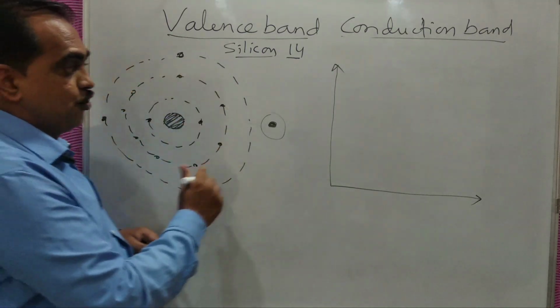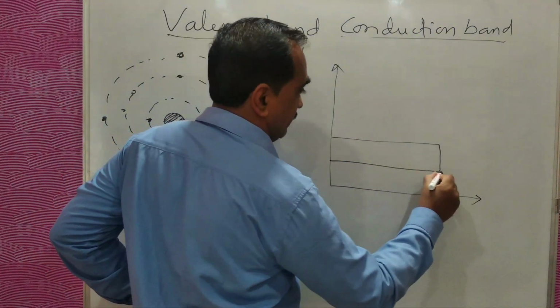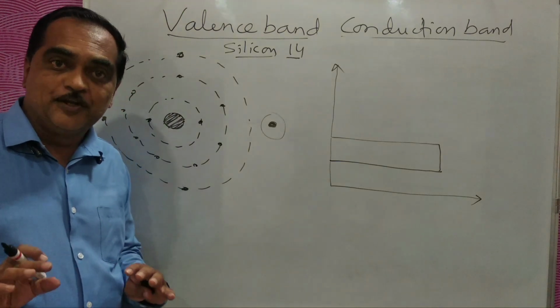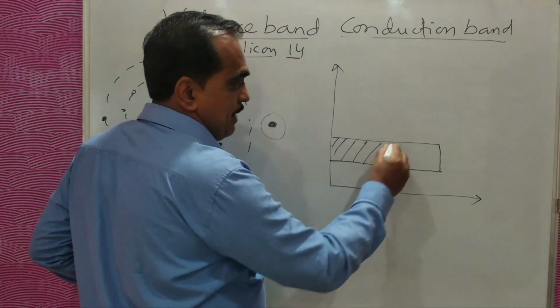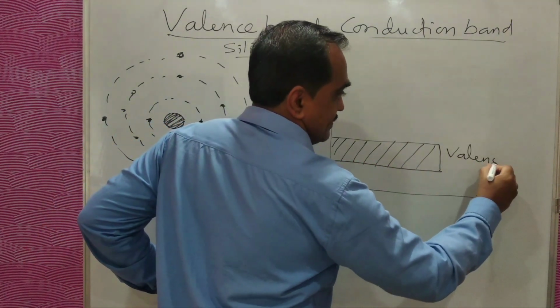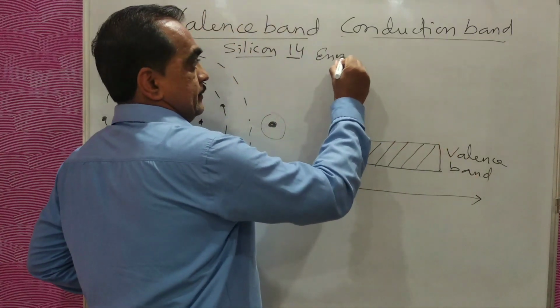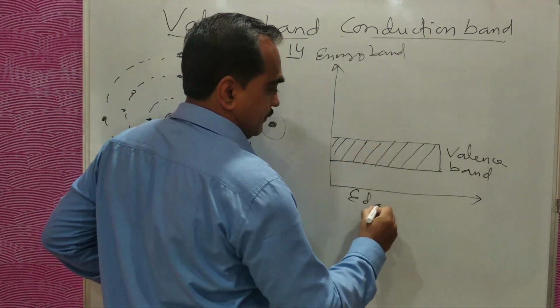If you take the last orbit, the energy band will be shown like this, and that last orbit will have valence electrons. So this band will be called the valence band. This is the energy band, and this is the edge of the nucleus.